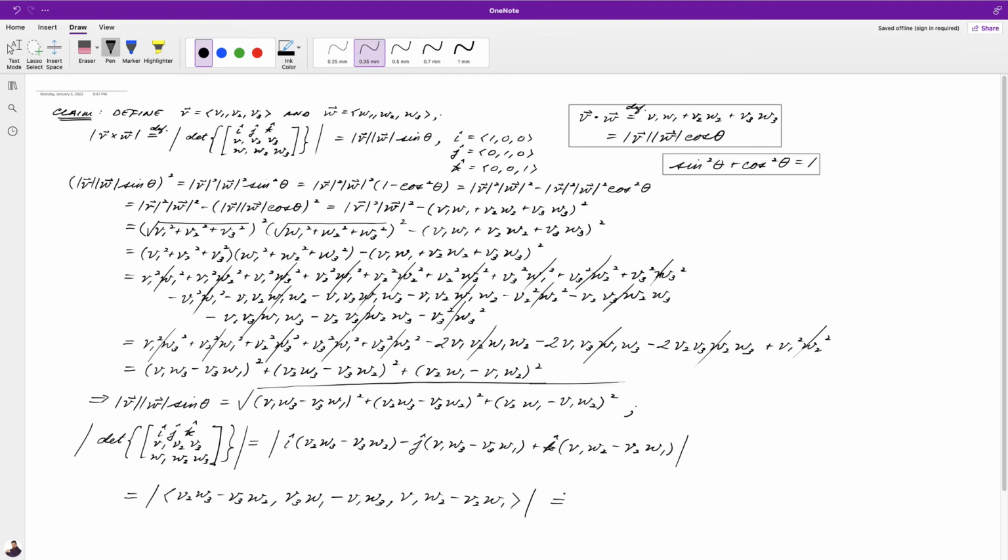And how do you take the magnitude of the vector? Well, you just take the square root of the sum of the squares of the components. And we're going to have exactly what we have right here. So that worked out quite nicely, didn't it? So that's going to be the square root of, and here we go.